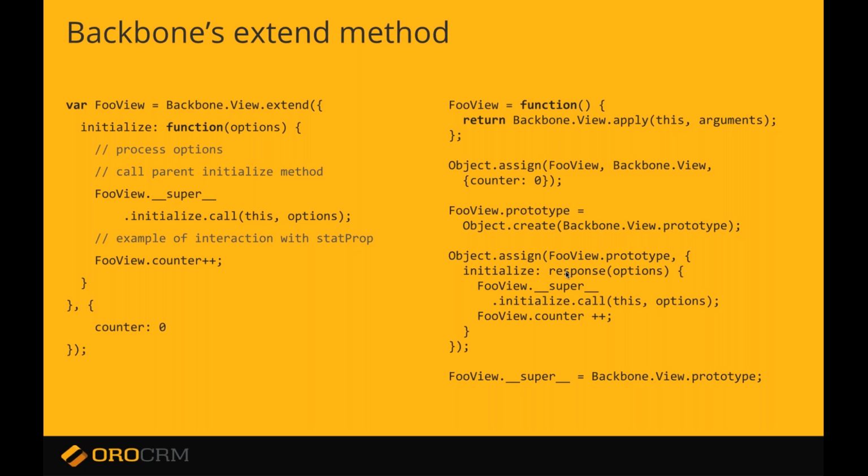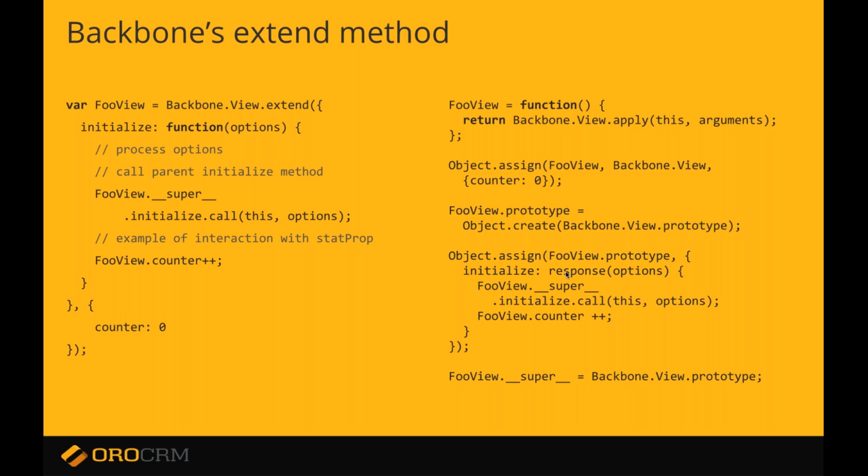That allows us inside the initialize method to invoke the parent's initialize method. So we call FooView super initialize with options and proper context. And to access static methods, we have to get into our constructor and invoke the static property. So in our case, it's a counter, and we increase that static property by 1.